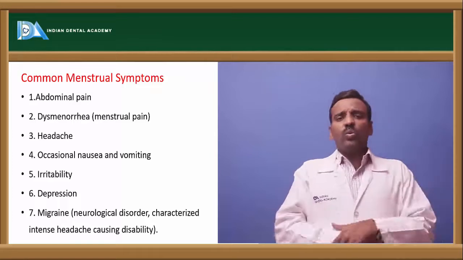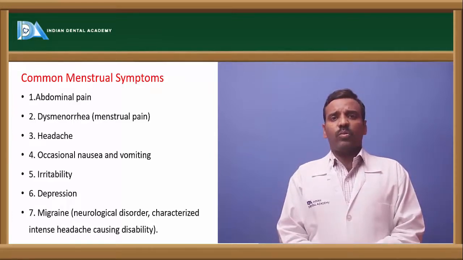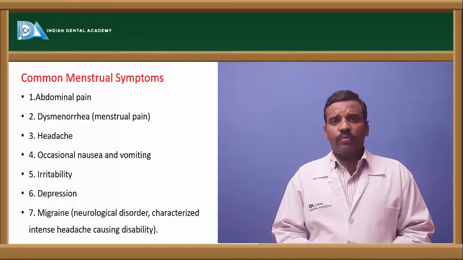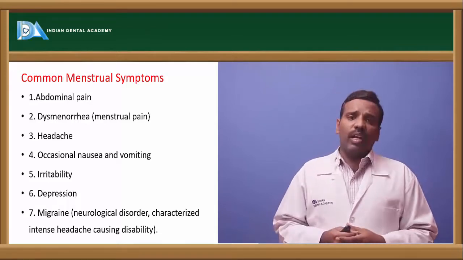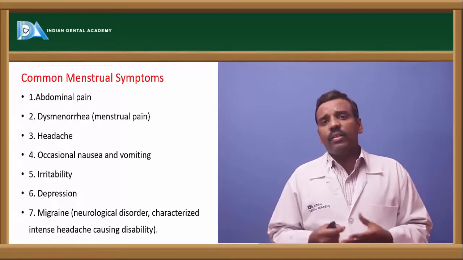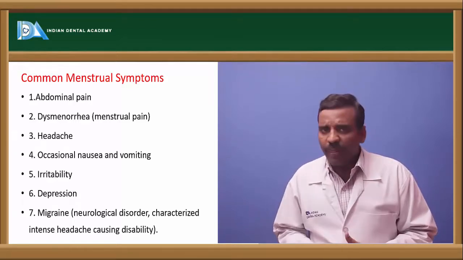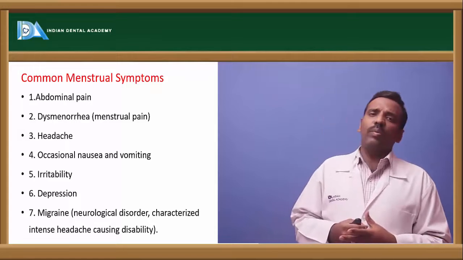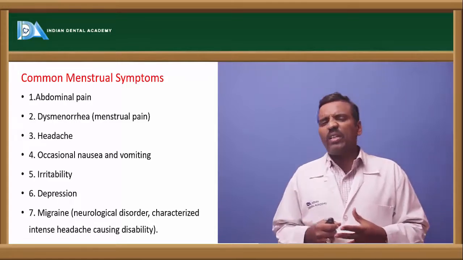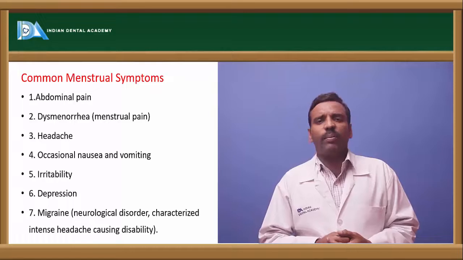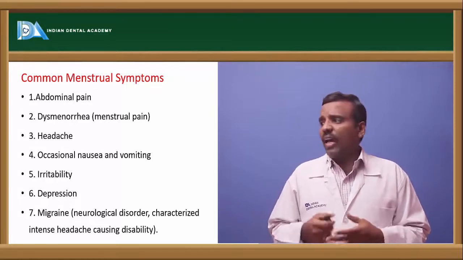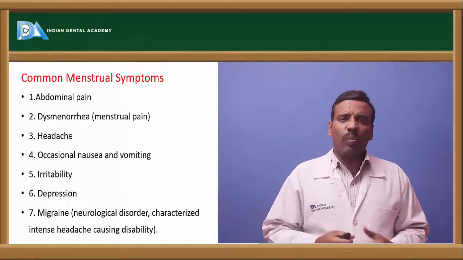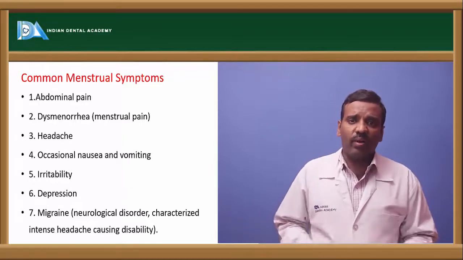And next, how will we come to know that menses is starting? There are some symptoms like abdominal pain before getting the menses. Next is dysmenorrhea, that is menstrual pain during the bleeding, and after that headache, and occasionally vomiting occurs, and sometimes they feel nausea.